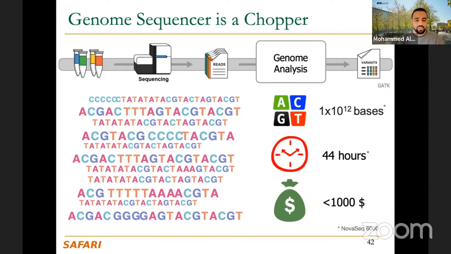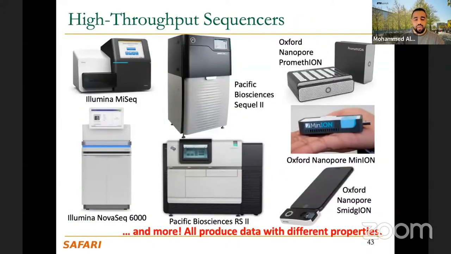We have a large number of really different machines that can give you insights or can be used with different applications. For example, you can process multiple samples in these devices, normally 24 or 48. And here you can process only a single sample with very low throughput.